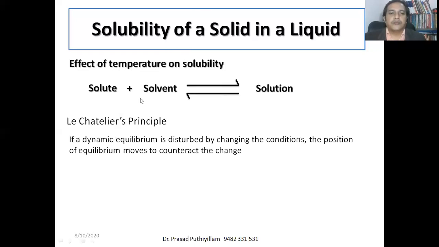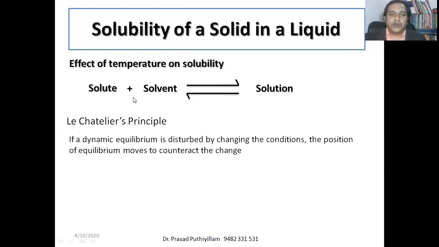Okay, so we have to see in terms of Le Chatelier principle. This dynamic equilibrium, whatever was discussed here, if we disturb it by some external force like temperature or pressure, the position of equilibrium moves to counteract the change. To counteract whatever effect happened to that equilibrium, there will be some change.